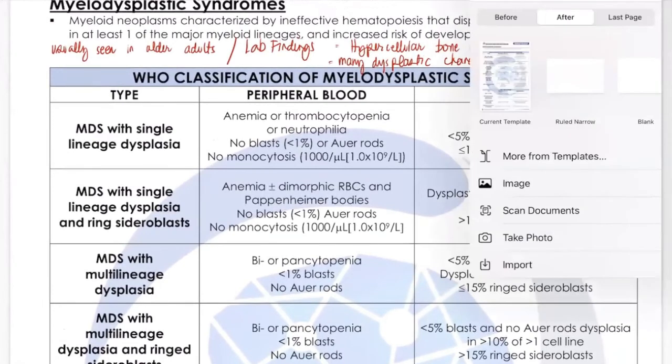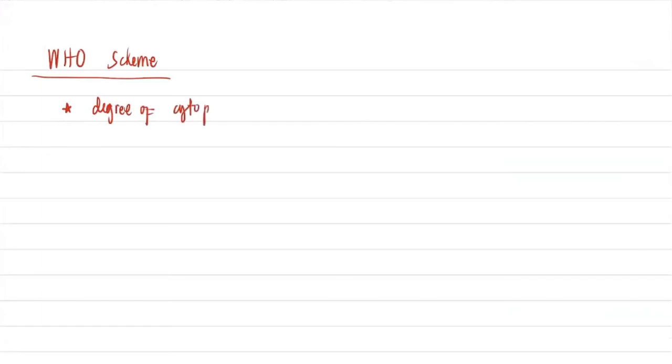Okay? Pakidagdag na lang para alam natin ano yung basis ng classification. So the WHO scheme of classification of myelodysplastic syndrome is first based on degree of cytopenia, okay, and dysplasia.